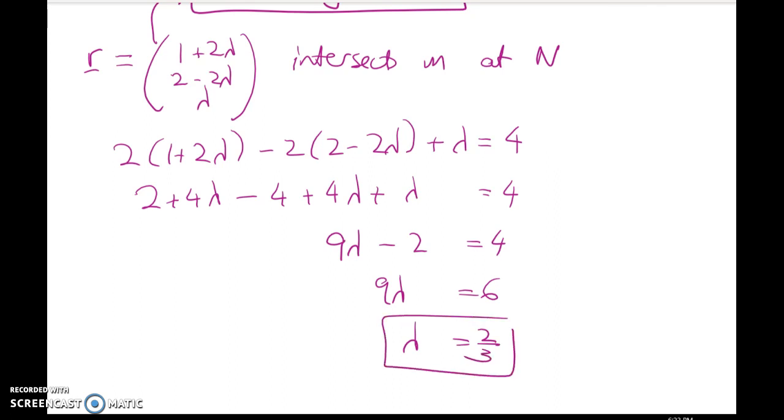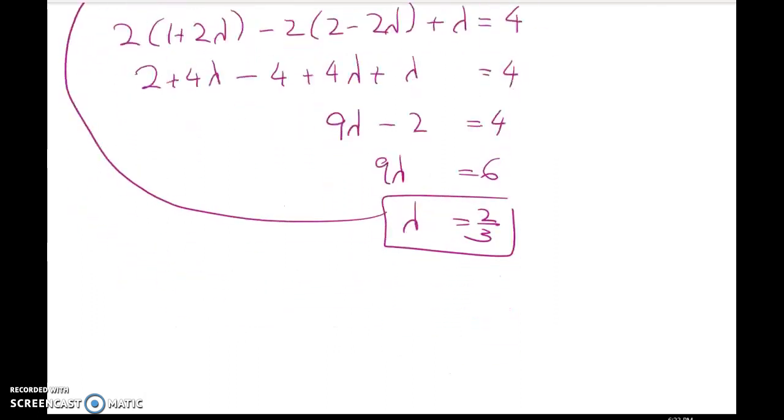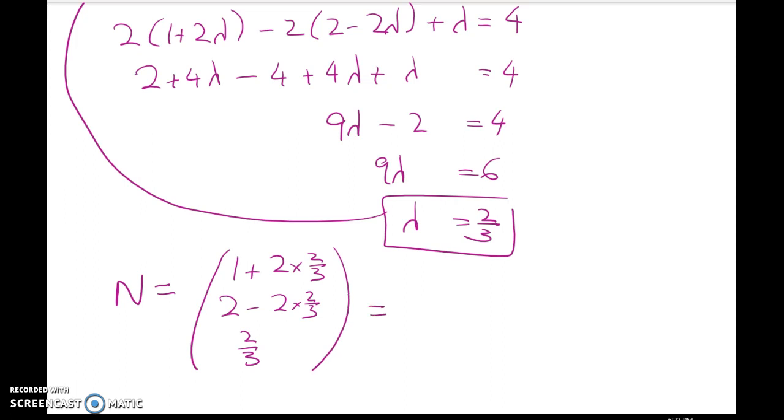So we now need to take this and figure out the position vector here. Right, so working that through, we get n is equal to 1 plus 2 lambda. So n is equal to this vector.